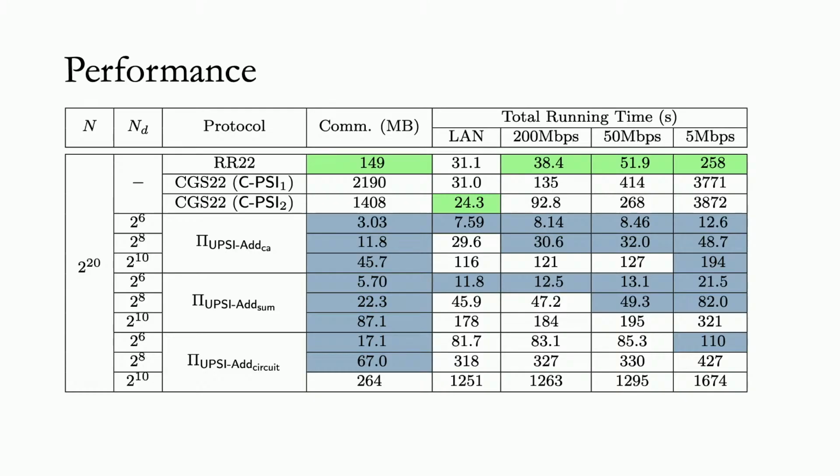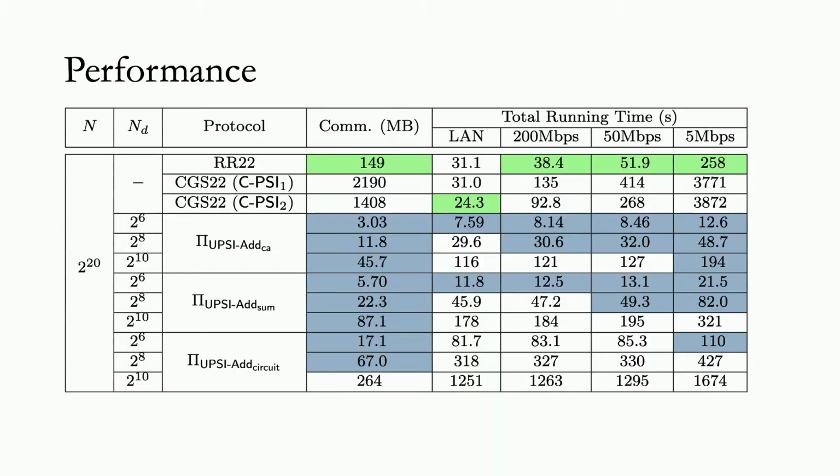So obviously communication is better because we're n log n, but previously, these protocols are order n. But in terms of running time, we can only outperform when the updates are significantly smaller than the size of the entire sets.